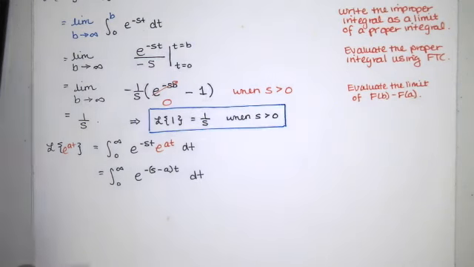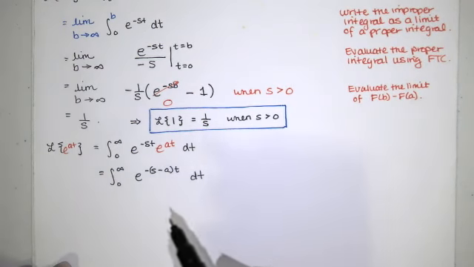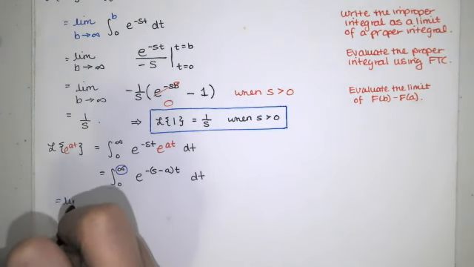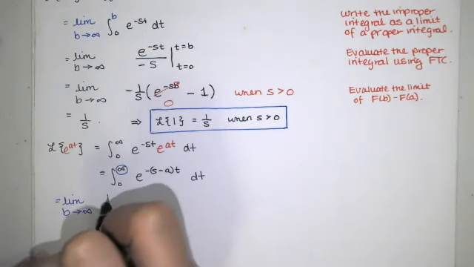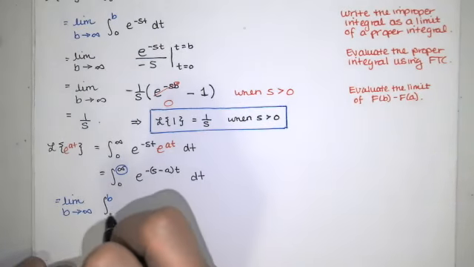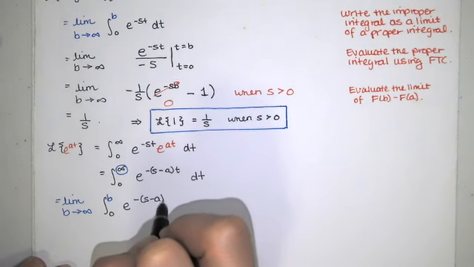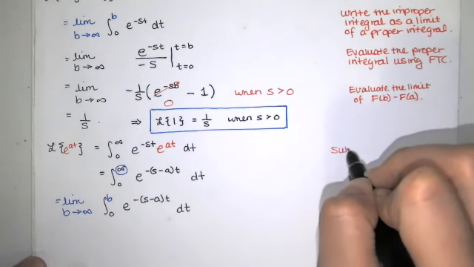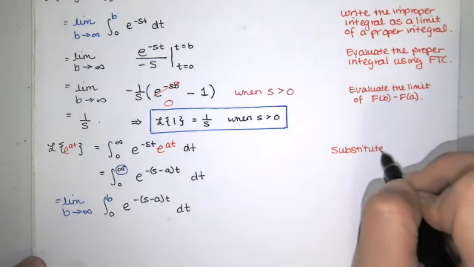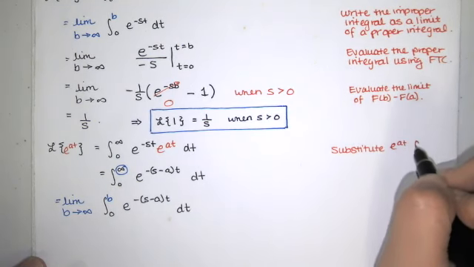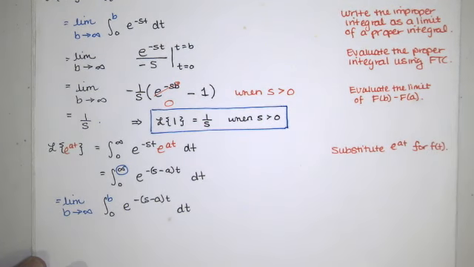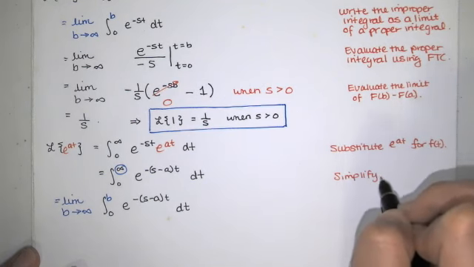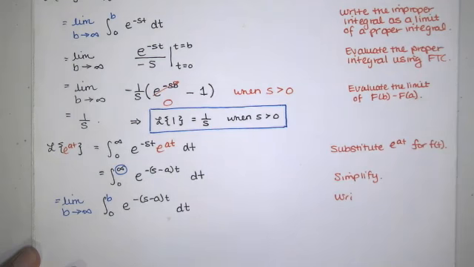And now we're here, but again, this is an improper integral, so we need to write it as a limit of a proper integral. So this is the limit as b goes to infinity of the integral from 0 to b of e to the negative s minus a times t with respect to t. So we plugged in our e to the at, then we simplified, and then we wrote the improper integral as the limit of a proper integral.